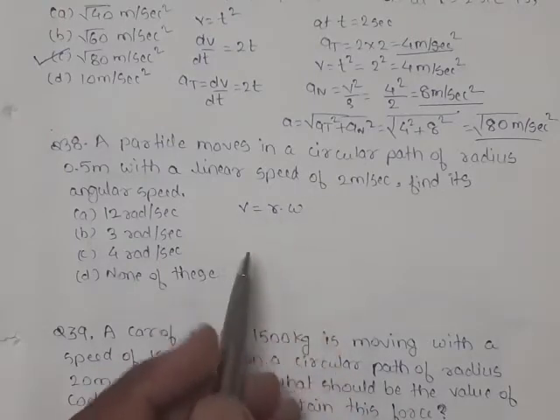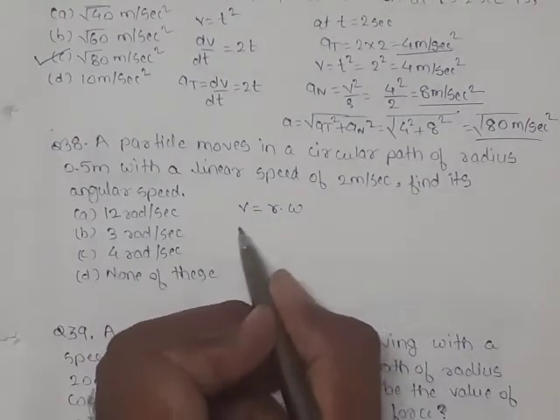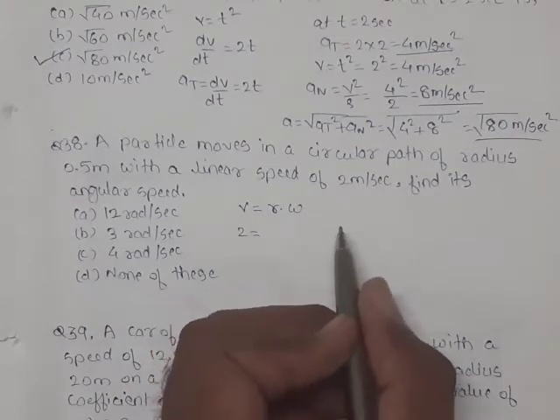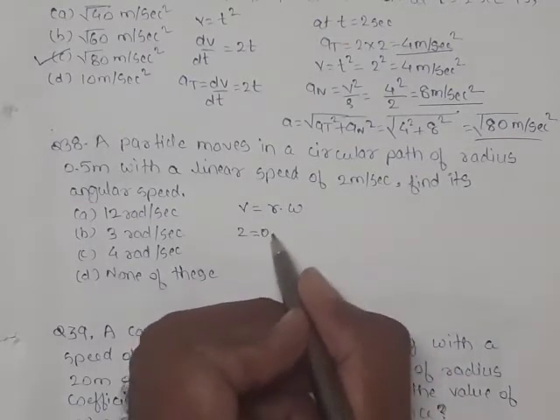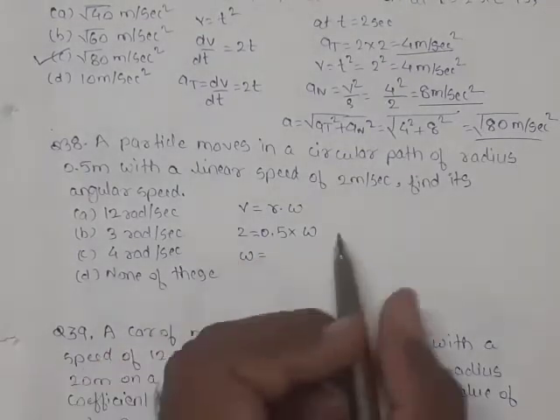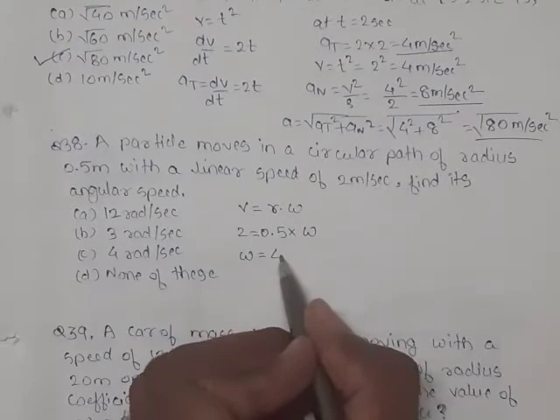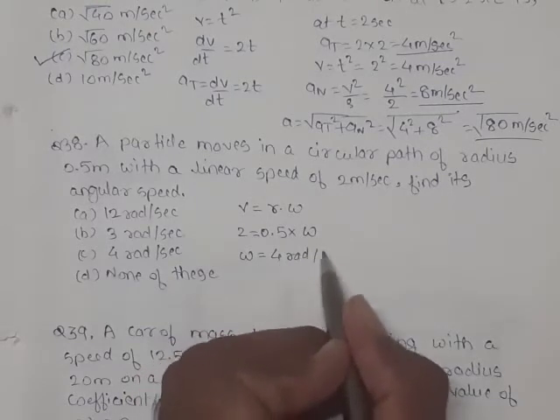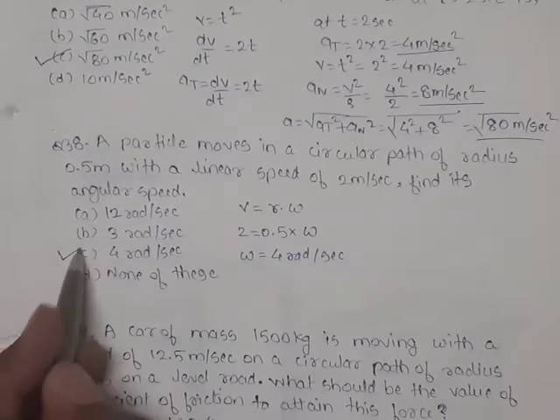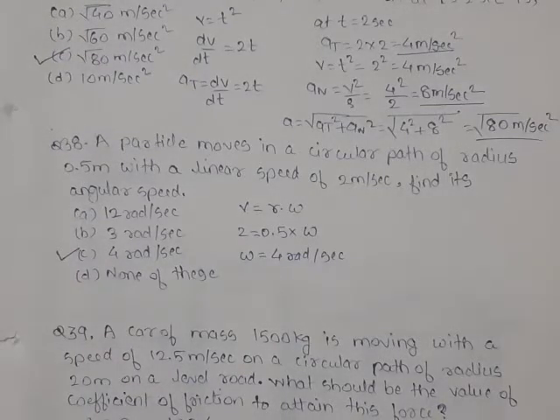Here the value of linear speed v is given as 2 and radius r is also given, 0.5. We want the value of omega. So omega comes to be 4. The unit is radian per second. So out of these 4 options, option C, 4 radians per second is the correct answer.